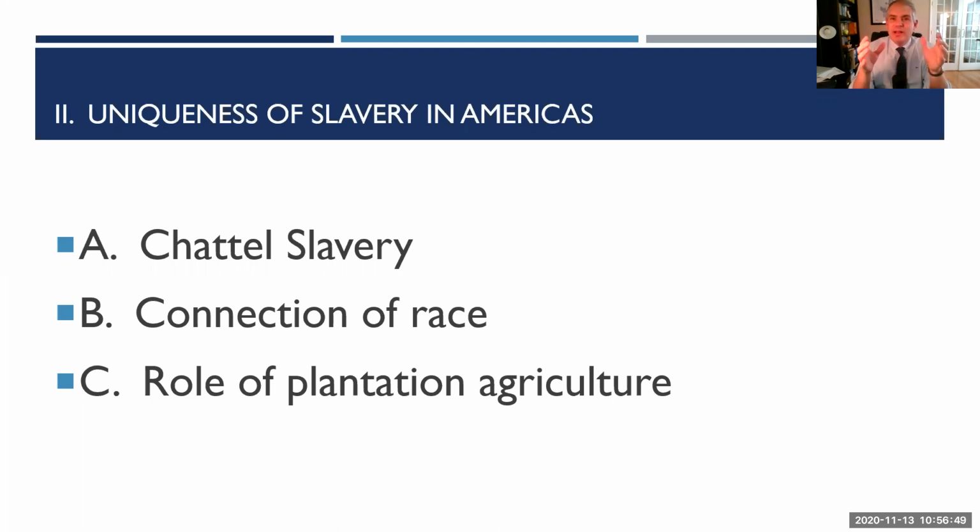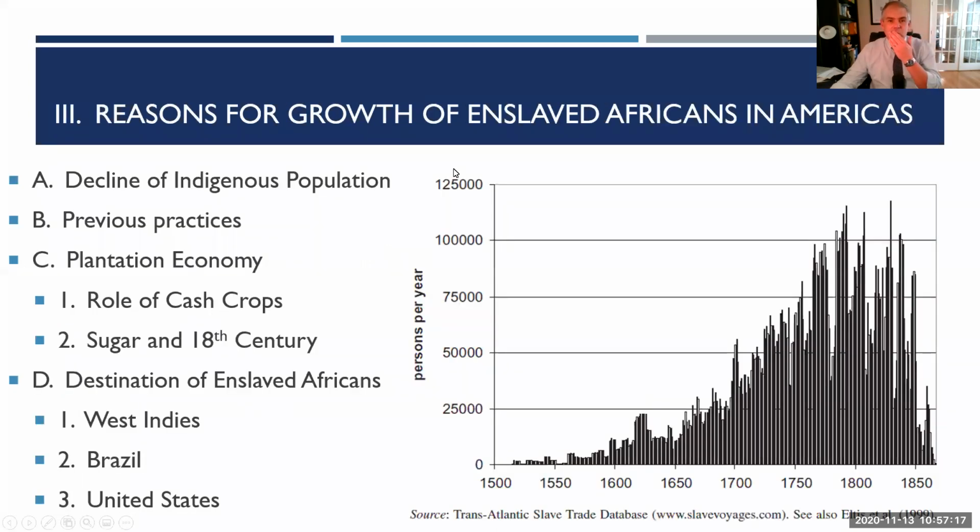With the development of plantation agriculture and the demand for more of an enslaved labor force, you get a shift. The shift is now going to be to manual workers who are working in the fields, and therefore they're going to focus more on men than women because of the nature of the work. So that's why slavery in the Americas is a unique version of slavery throughout history.